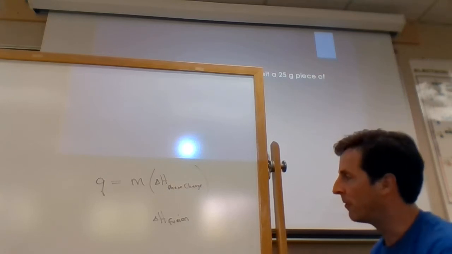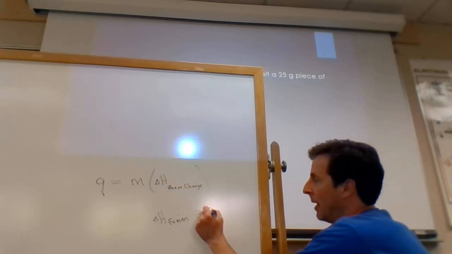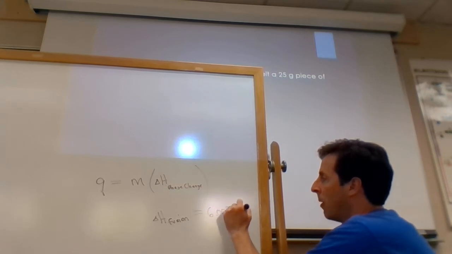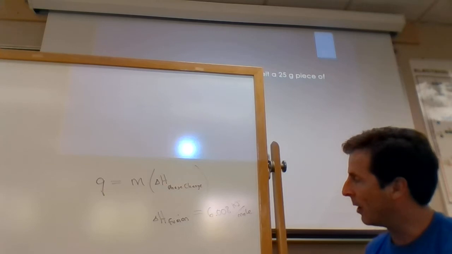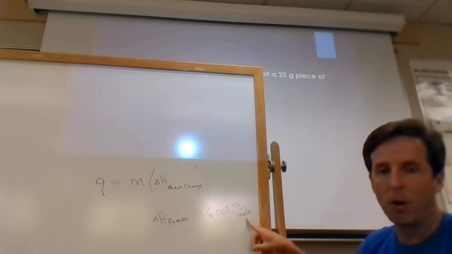So the heat of fusion for water, again, it's in the textbook, but I think it's 6.008 kilojoules per mole. Okay? That's the amount of heat that it takes to melt 1 mole of ice. It's kilojoules per mole.